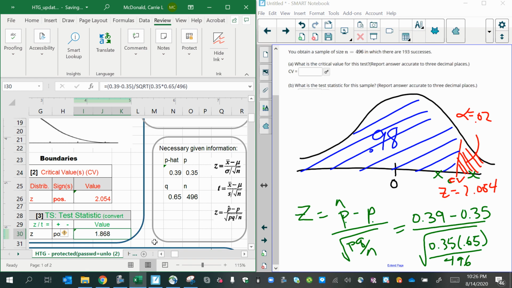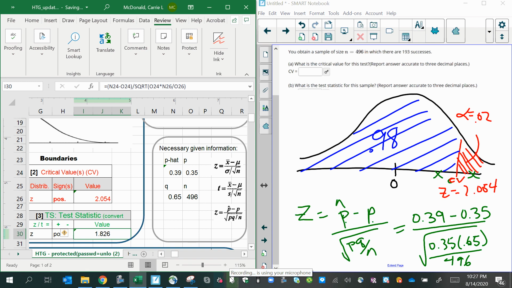You can also set this up if you want it to do automatic calculations for you. You can do your p hat minus your p, close parentheses, divide by the square root of 0.35 times 0.65 divided by 496.